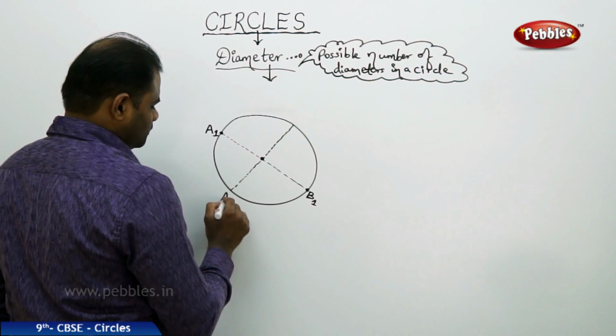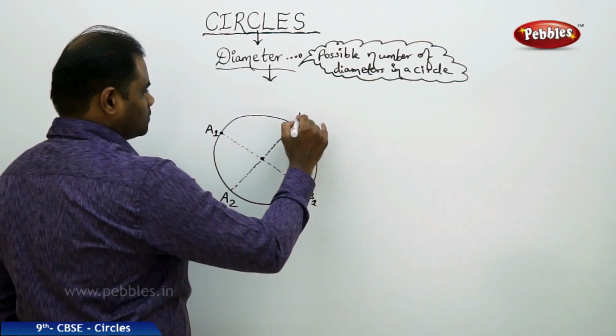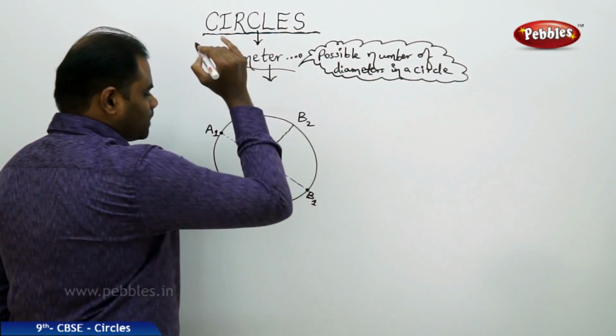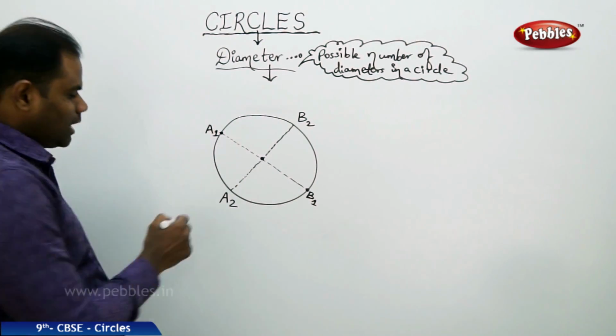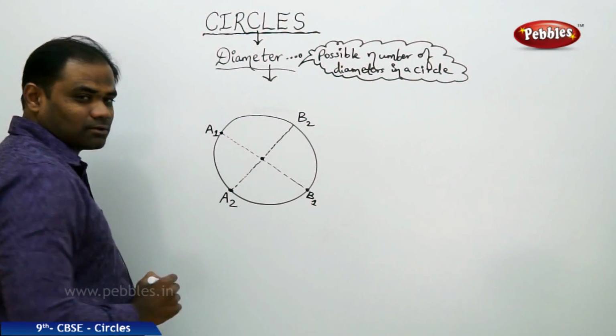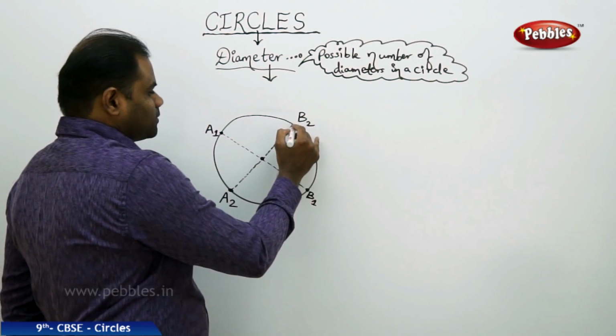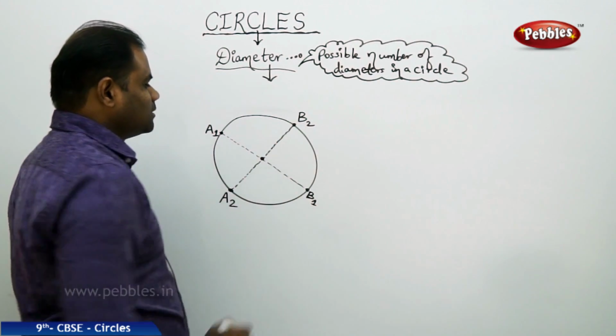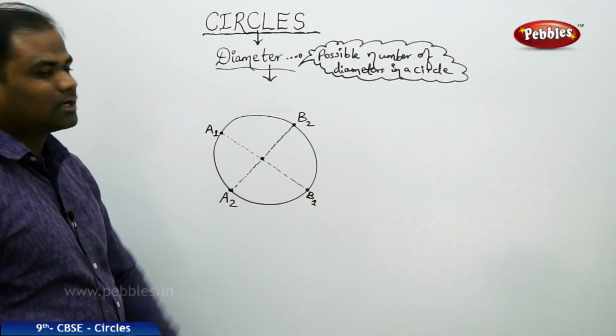So here I have A2 and B2. So here I have a point A2 which is taken on the circle and the point B2 taken on the circle in such a manner that all these three are collinear.